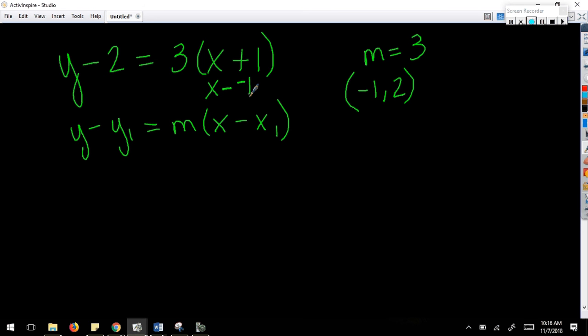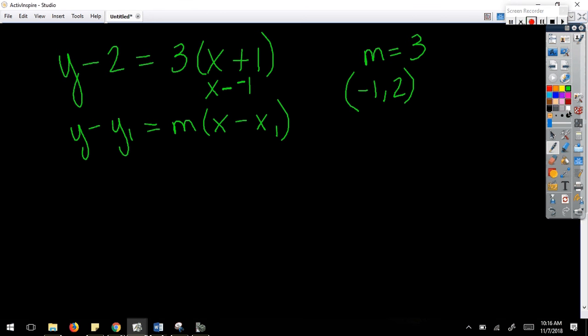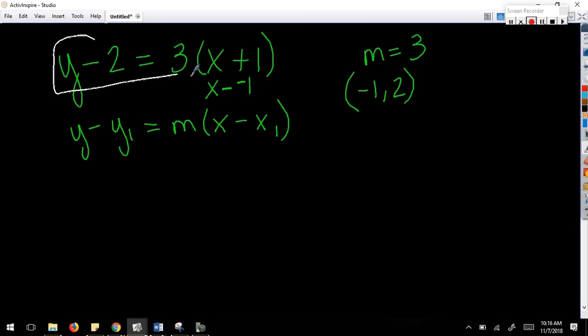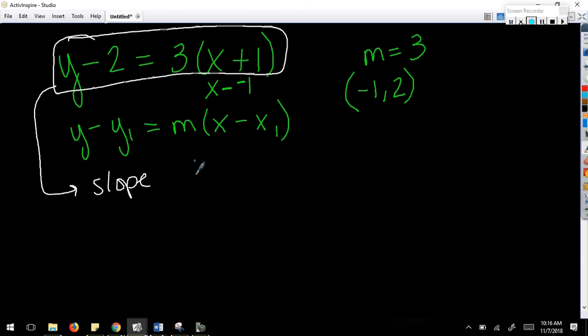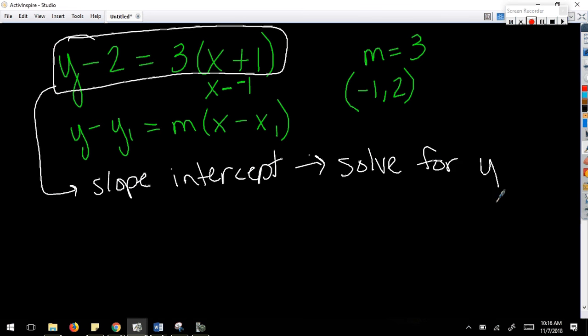Now, more importantly, guys, please, more importantly than that, if I have this equation and I want it in slope-intercept form, in other words, mx plus b, what I'm going to have to do is solve for y.